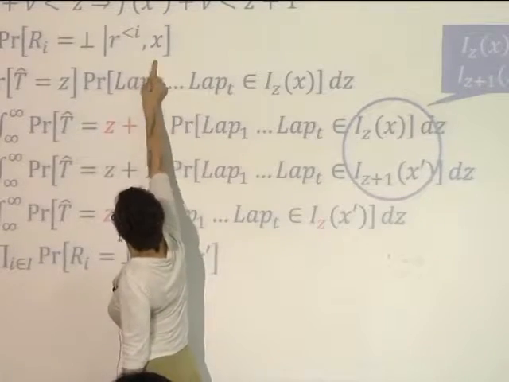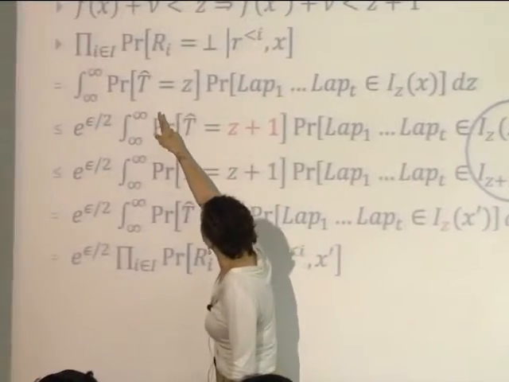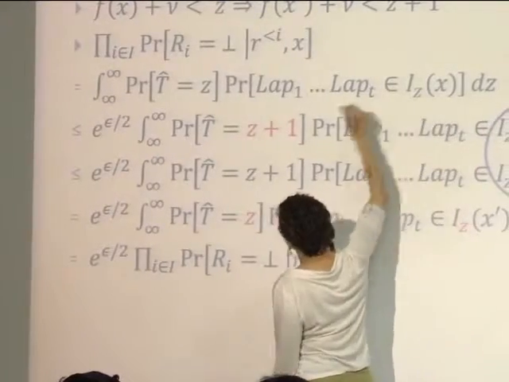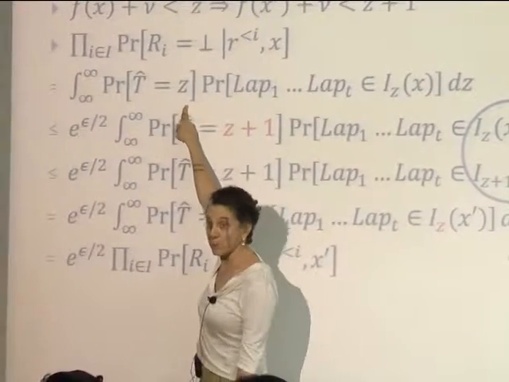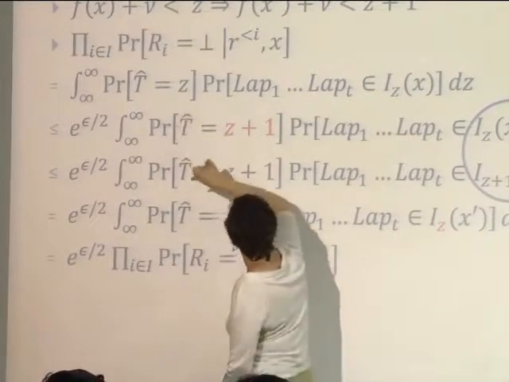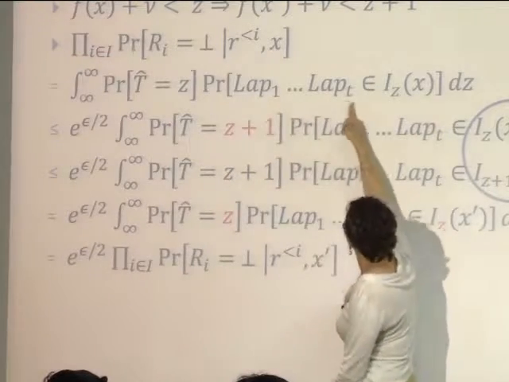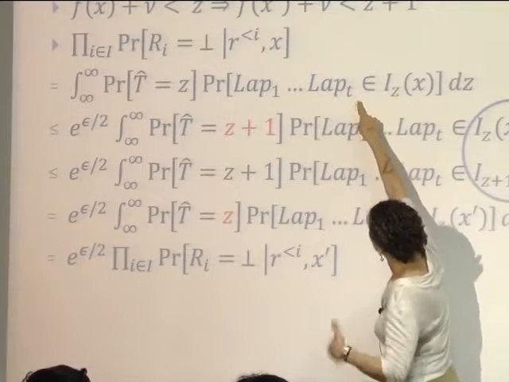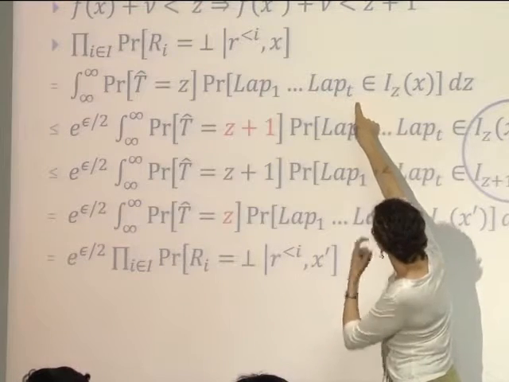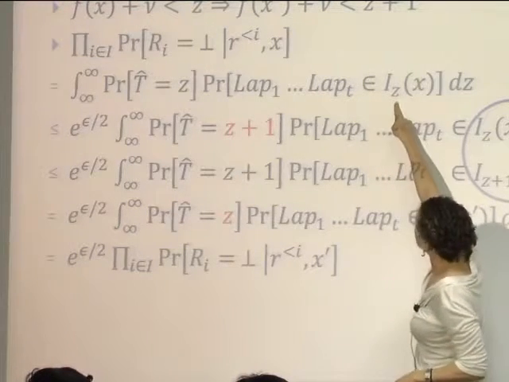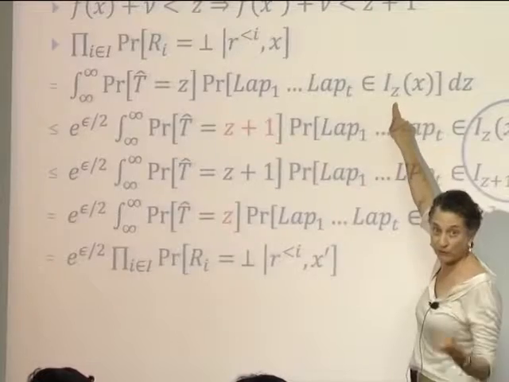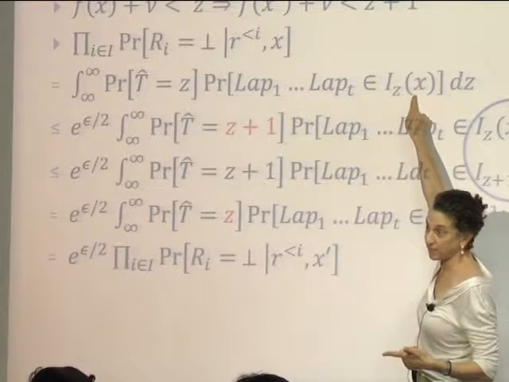I haven't conditioned on z here, so I'm going to integrate over all choices of z of the probability that, that's what we got for our noisy threshold, times the probability that the draws from the Laplace mechanism will give us insignificant when the threshold is z and the database is x.